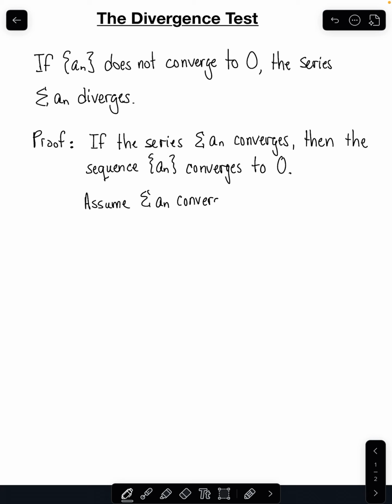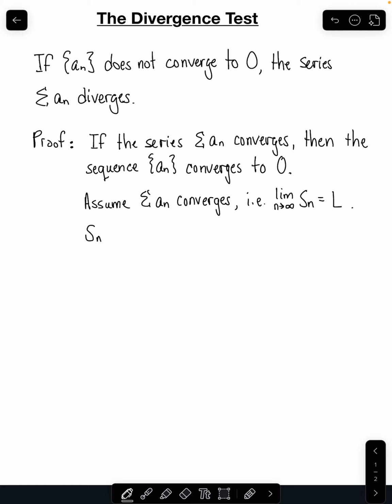And what this means then is that the limit of the partial sums of the series exists and is equal to a finite value. Now, the following two statements must be true.